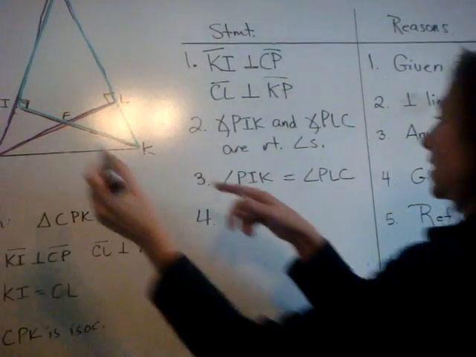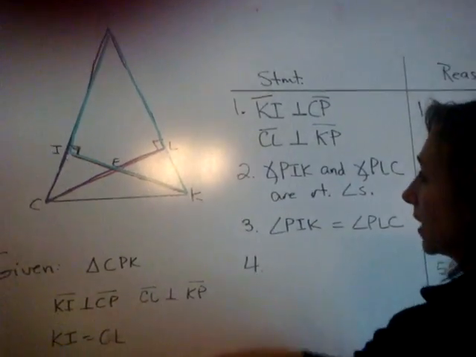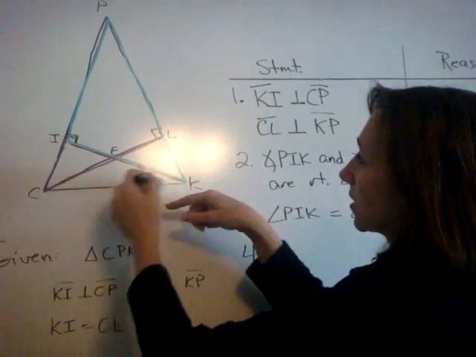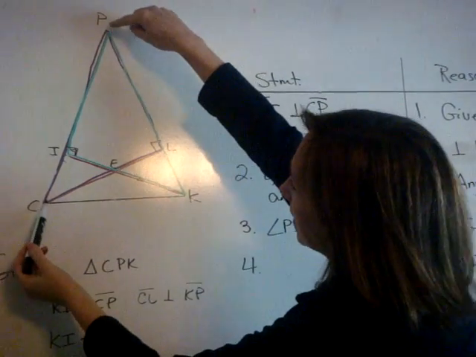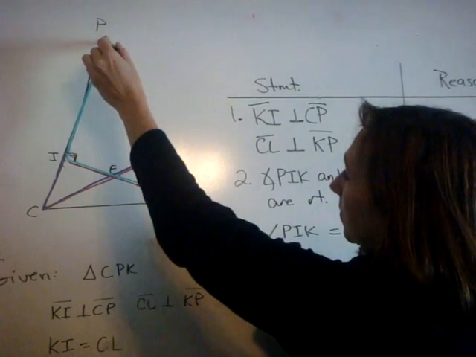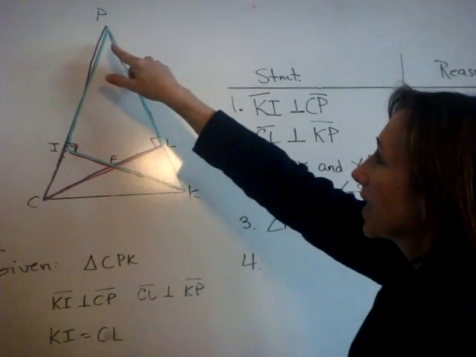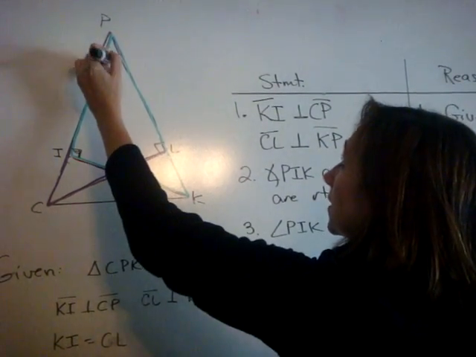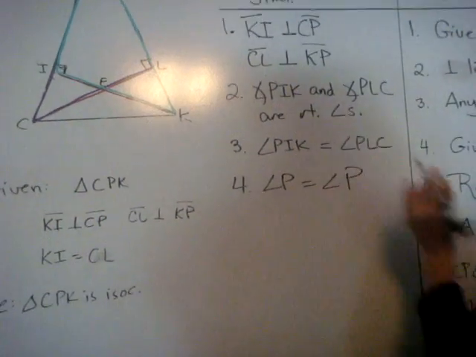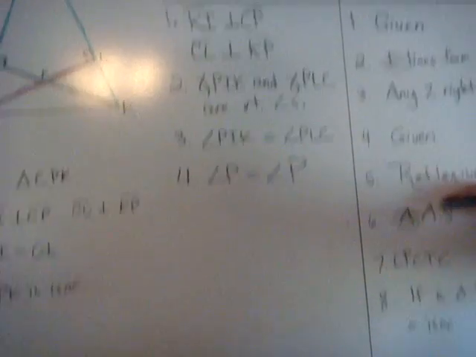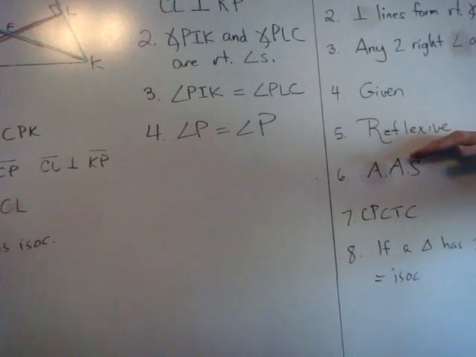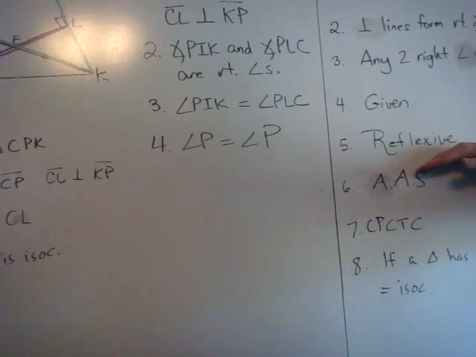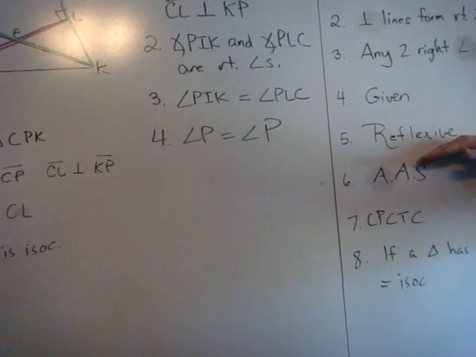We're trying to prove that this big triangle is isosceles. So what we really want to get is this side equal to this side. So we can say angle P is equal to itself. So we can say angle P equals angle P, and that's reflexive. I really wish I would have separated these triangles out, but hopefully you can see it.